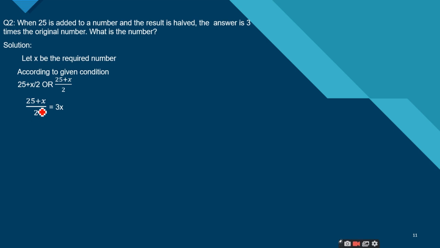When we add 25 to a number, the result is half, which means half of 25 plus x, and the answer which we got is 3 times the original number, and we have to find the value of x. So this is the equation which I have made for you, and I want all of you to solve this equation in your notebooks, in your register as your homework task.